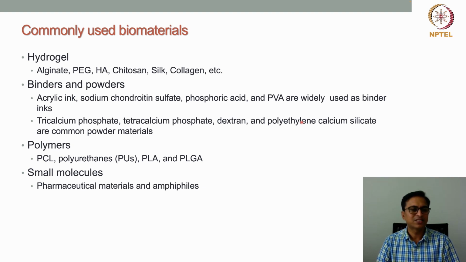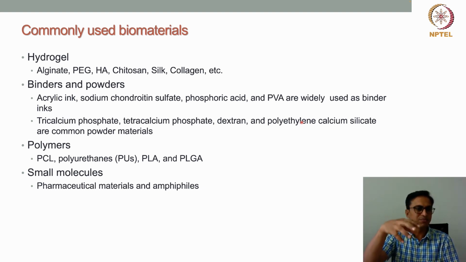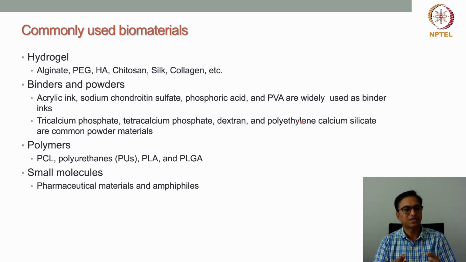So here the concept is, using a powder bed, we put the binders using this inkjet principle, where droplets of these binders are generated and delivered onto the powder bed, and the binders bind the powders at certain locations. Then we generally solidify or stabilize the whole thing by heating.